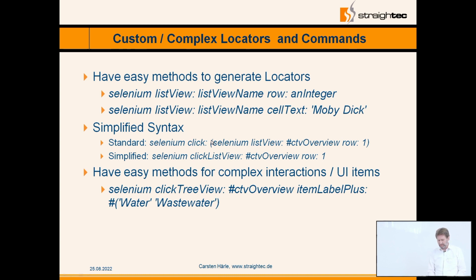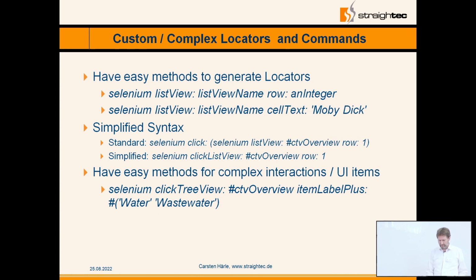Here, for example, with the list view, normally you have your locator, and you say give me a locator for the list view named overview and row 1. To make it even simpler for human beings, as you often click on list views, you make a simplified syntax: Selenium click list view, name, row 1.